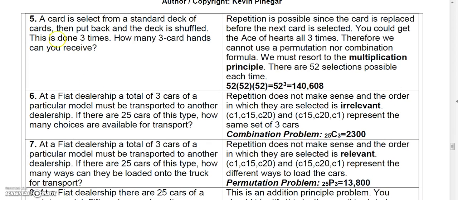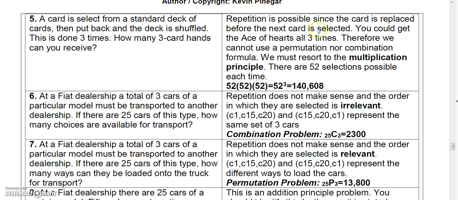Number 5 says a card is selected from a standard deck of cards, then put back. The deck is reshuffled. This is done 3 times. How many 3-card hands can you receive? Well, in this example, repetition is possible because basically you're selecting a card, recording it, and then putting it back in and shuffling again.